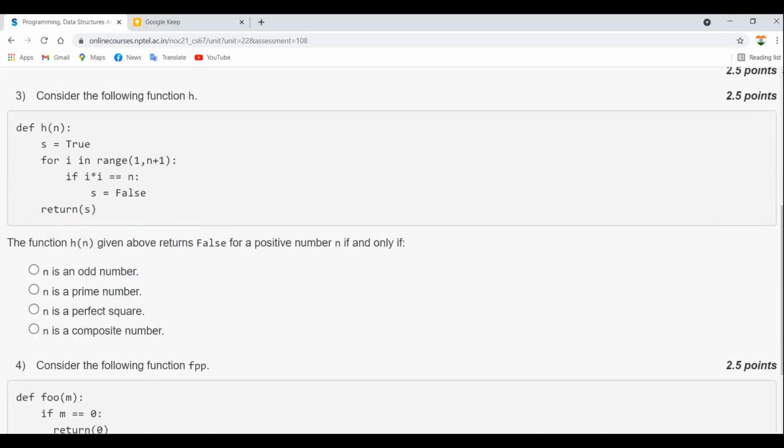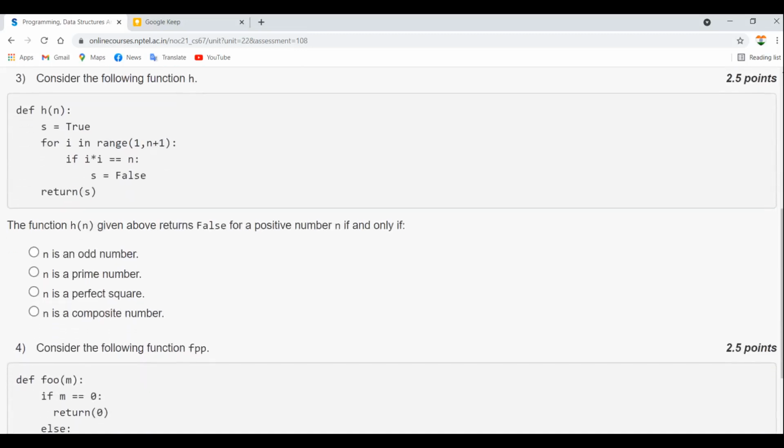Question number 3. Consider the following function h. Here is the code.